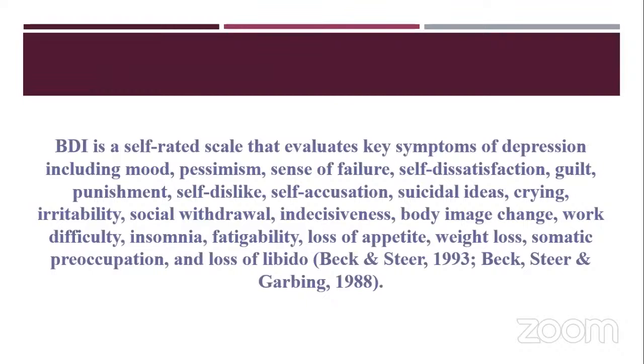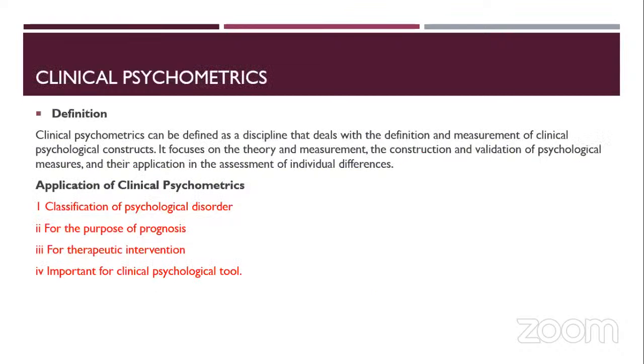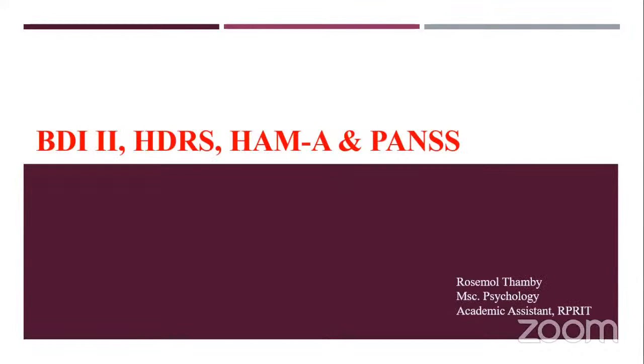Today we are going to see some examples, because you need an idea of how clinical tool construction is done. We will explain item construction, how the tools are constructed, their psychometric properties, scoring, and interpretation. We are only showing some examples: first BDI, next HDRS, then Hamilton Anxiety, then PANSS, which is related to schizophrenia.